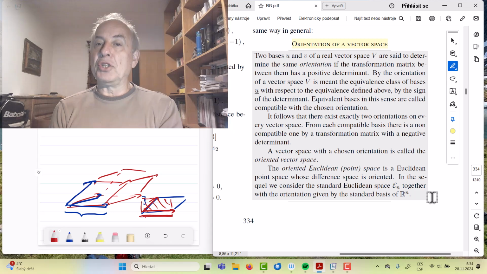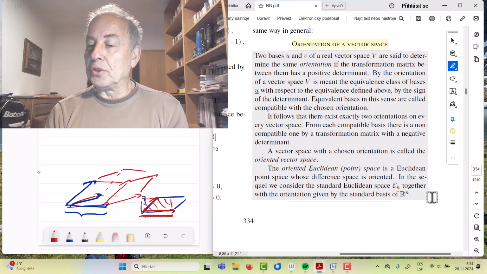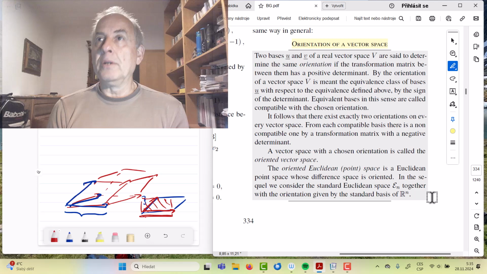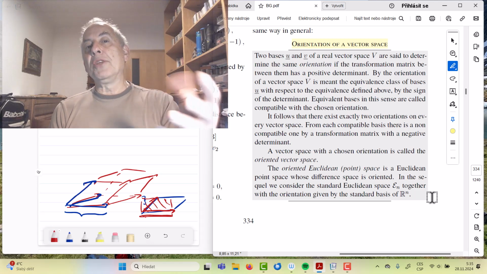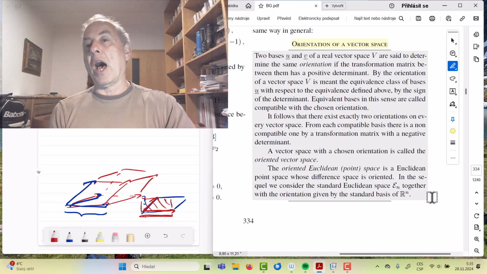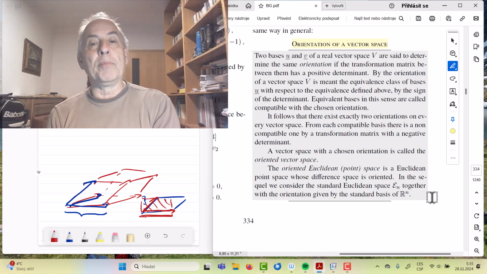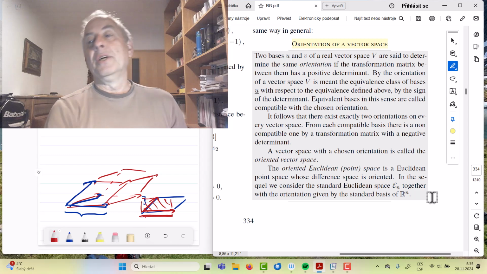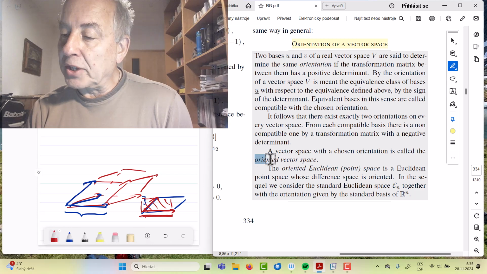This fixes the orientation, just like fixing the order of the two vectors for the two-dimensional parallelepiped. Then for any other basis, we look at the transition matrix between the two bases, and either the determinant is positive or negative. If it's positive, it's a compatible one. If it's negative, it's the other orientation. That's how we define it, so that's the oriented vector space concept.